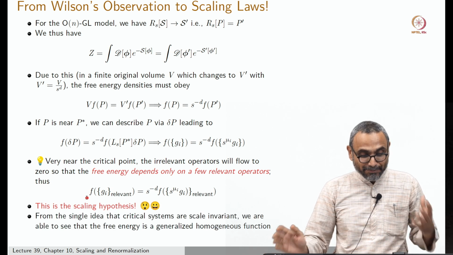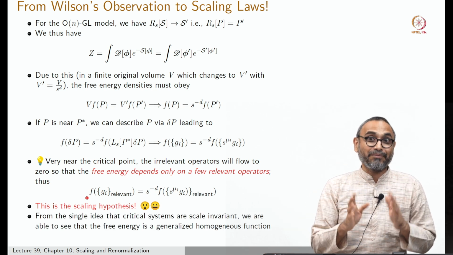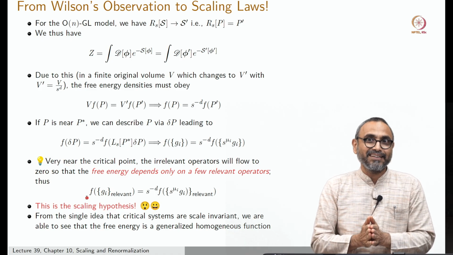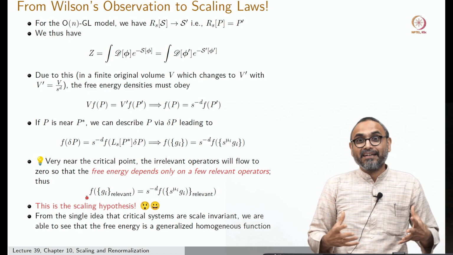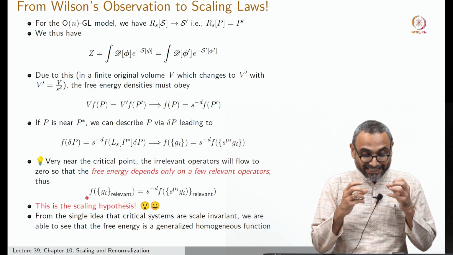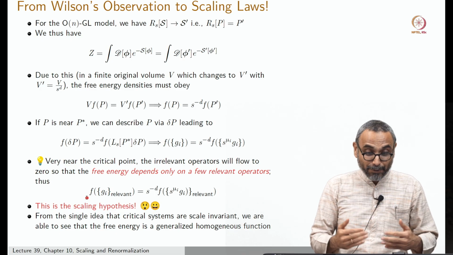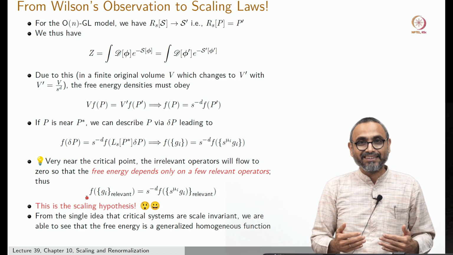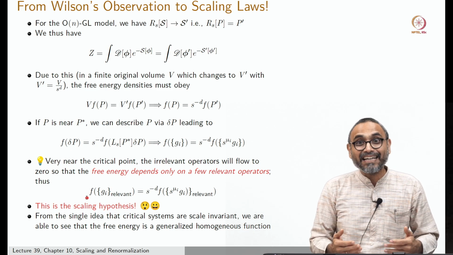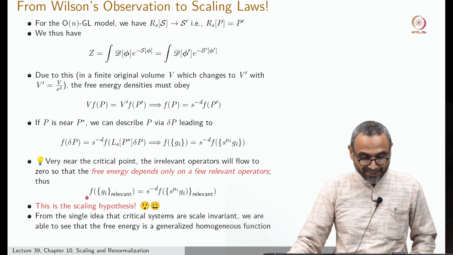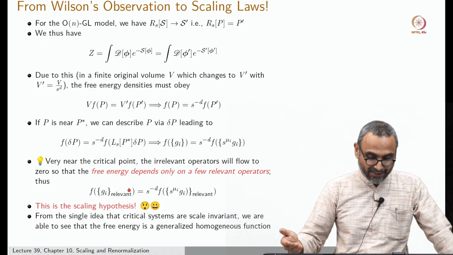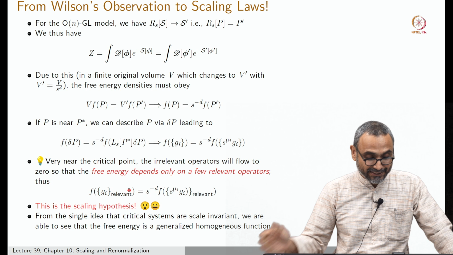So if the system has scale invariance, namely the single idea that at the critical point the system has an emergent symmetry called scale invariance, from that single idea we are able to show that the scaling hypothesis can be inferred.